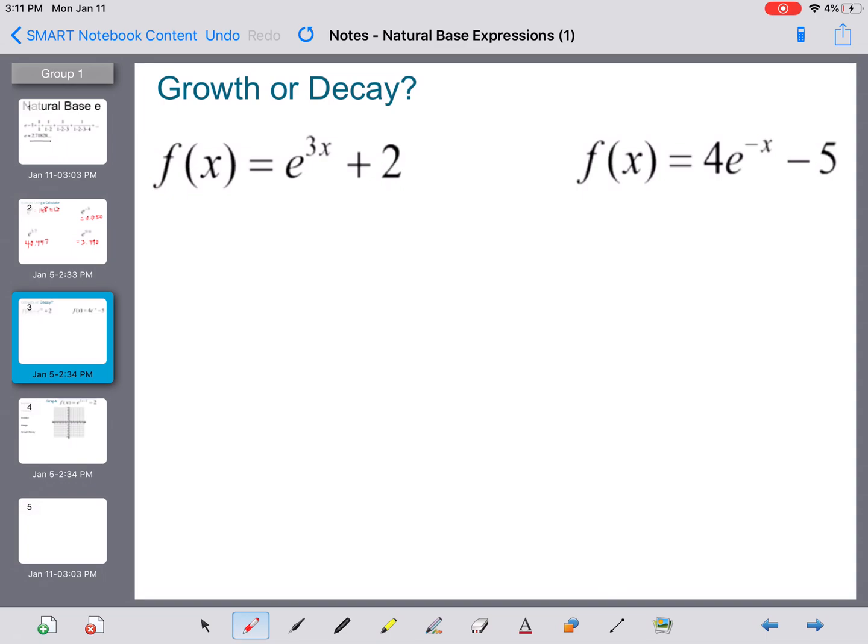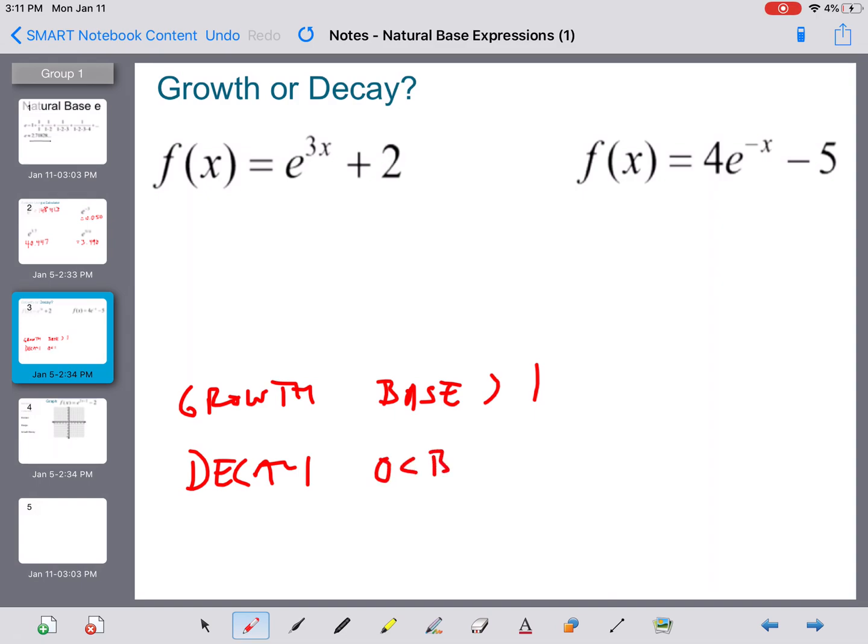Talking about working with exponential equations, we have f of x equals 3 to the x plus 2. Remember that we have exponential growth if our base is greater than 1, I apologize, and it is decay if our base is between 0 and 1.